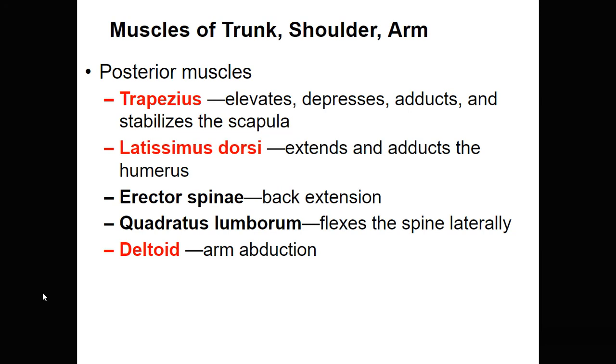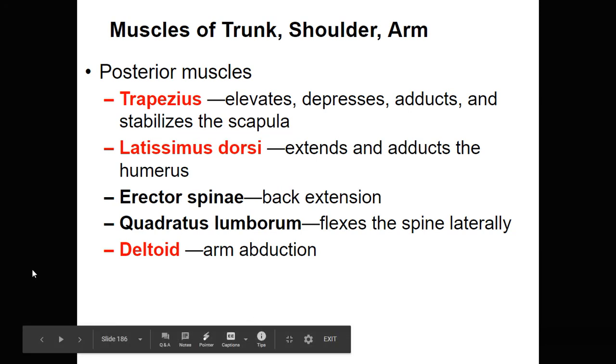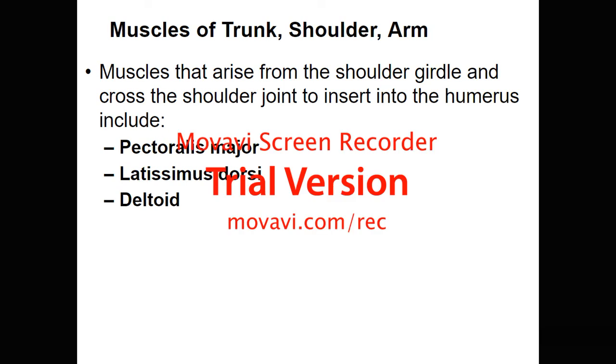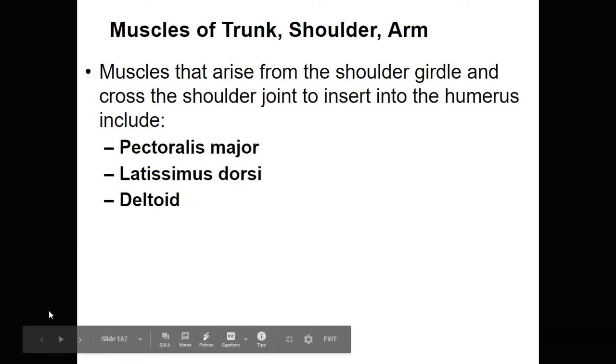Again, the ones in red are the ones that are important. Remember, things in red. Muscles that arise from the shoulder girdle and cross the shoulder joint to insert into the humerus include pectoralis major, latissimus dorsi, and the deltoid muscles.